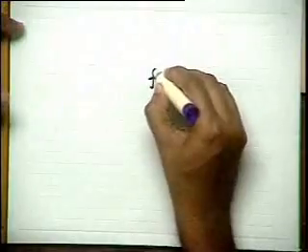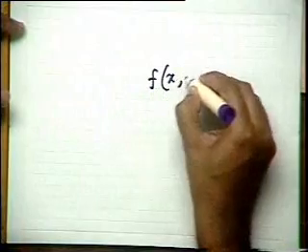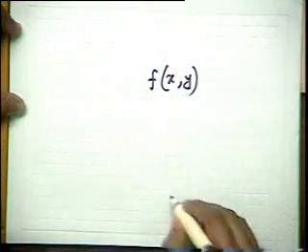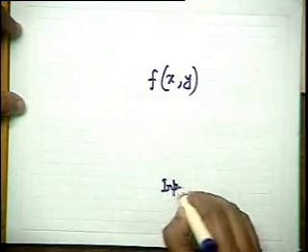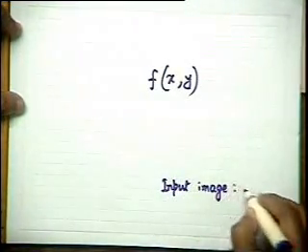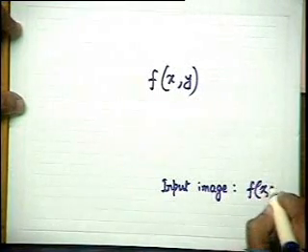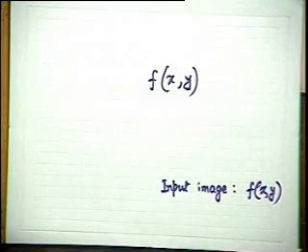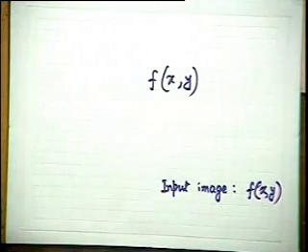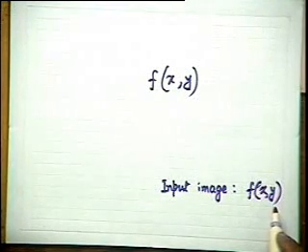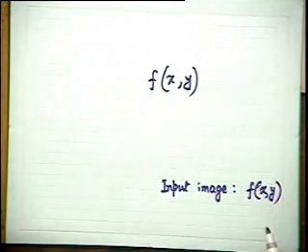Suppose f(x,y) is our input image, where f is the intensity value at the pixel located by x and y.